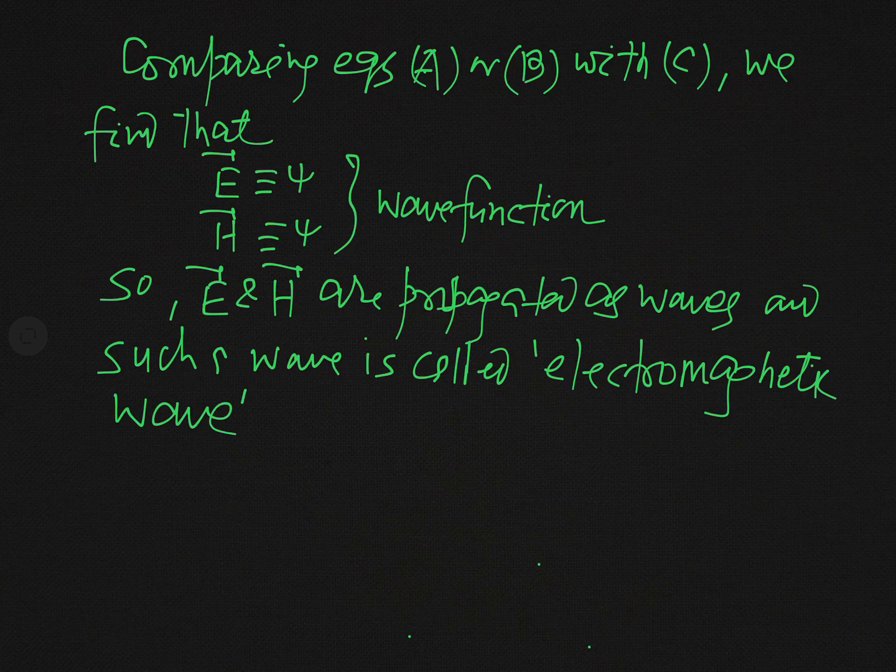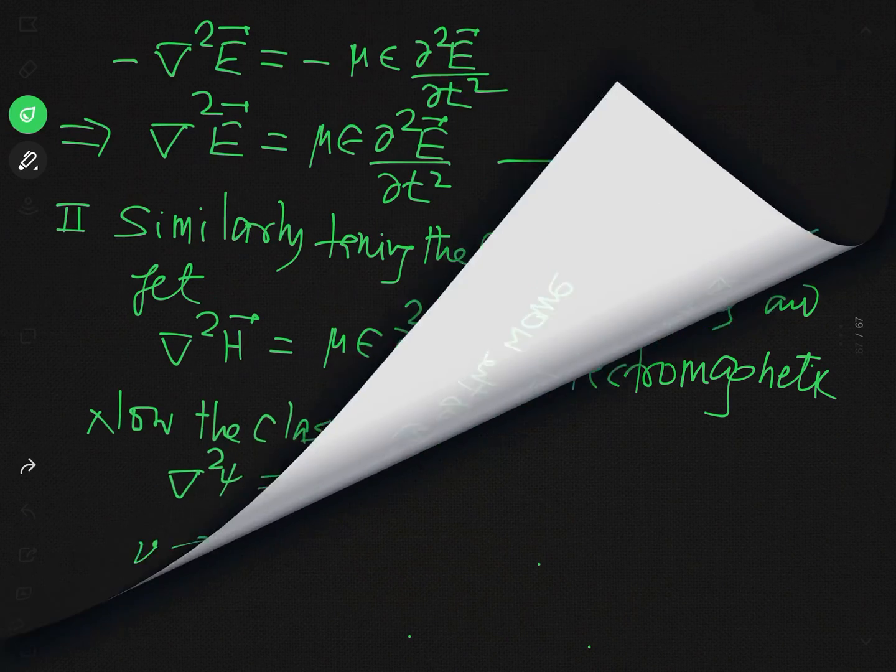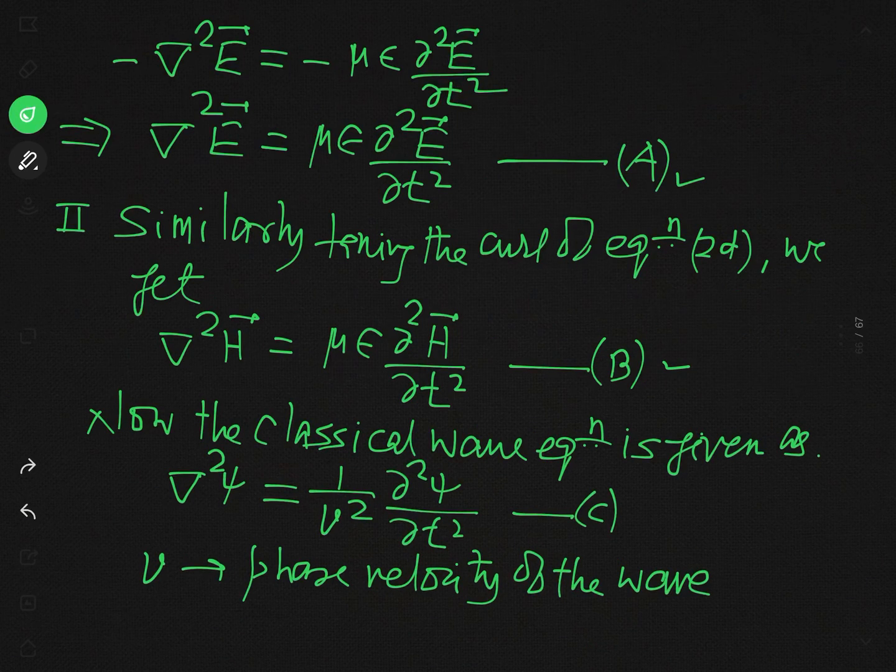Electromagnetic wave. Now we can find the wave speed or phase speed of this electromagnetic wave by comparing equation A or B with equation C. You can see from these two equations, in place of 1 over v square in equation A and B, there is mu into epsilon.